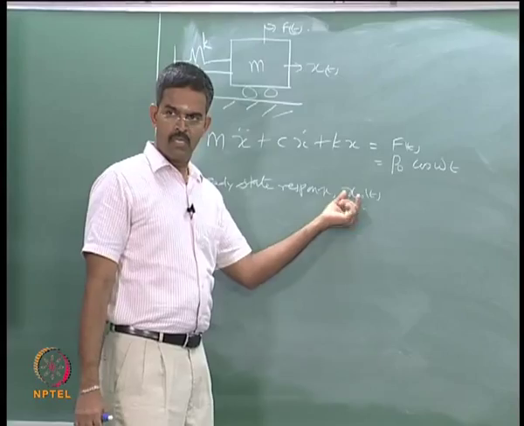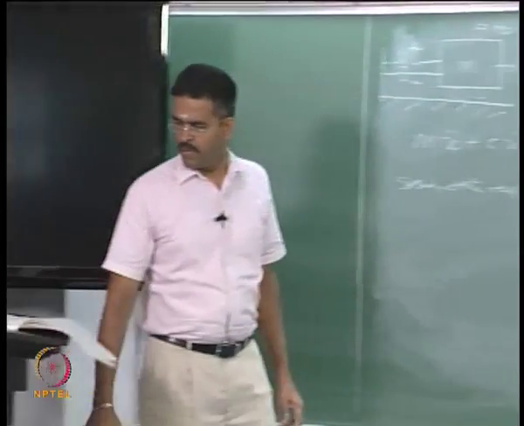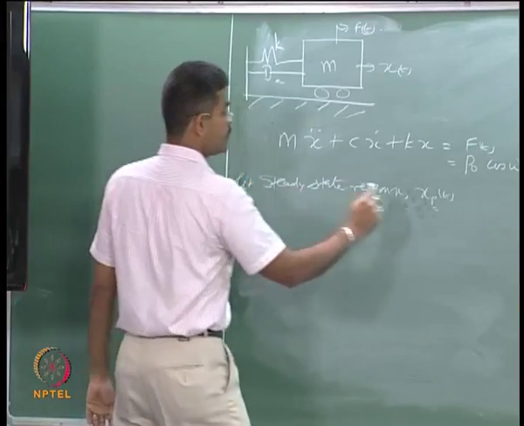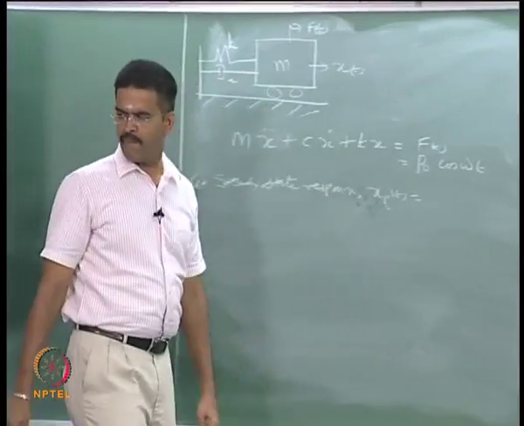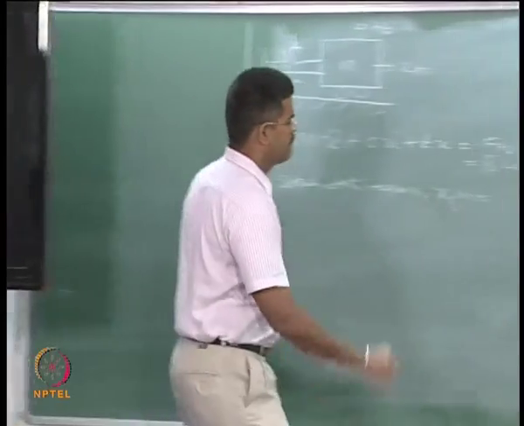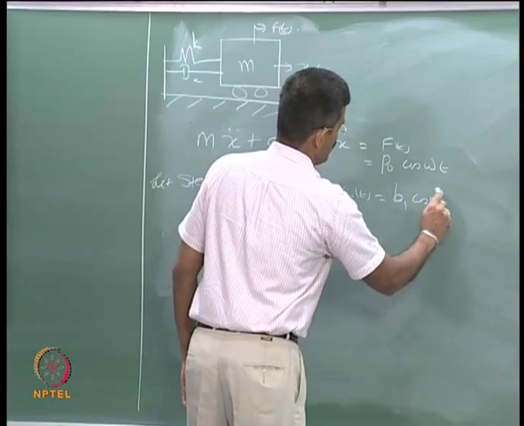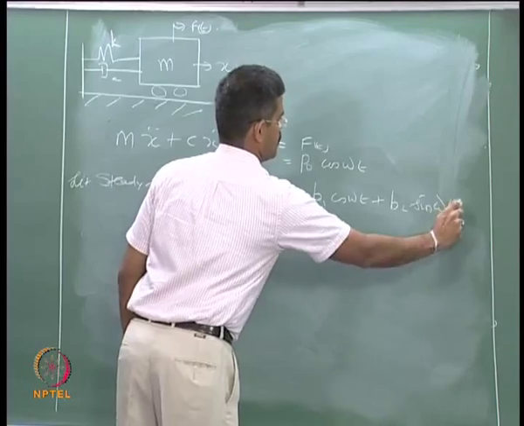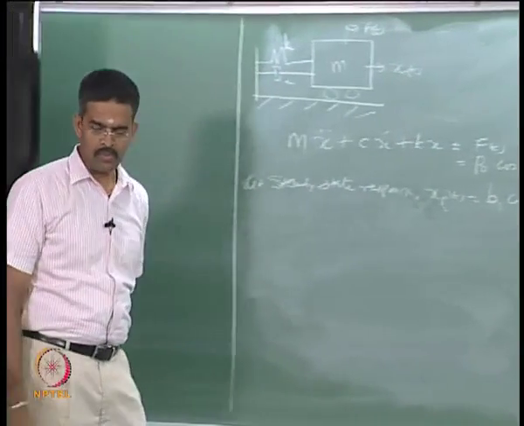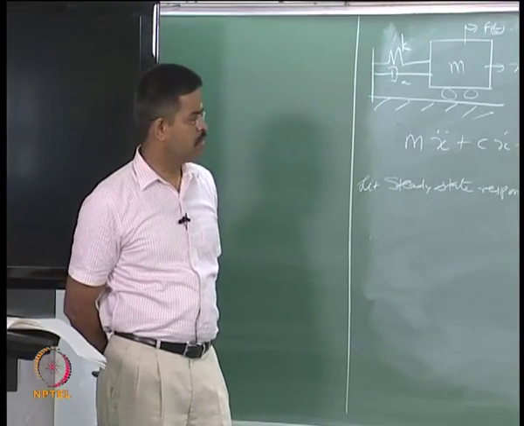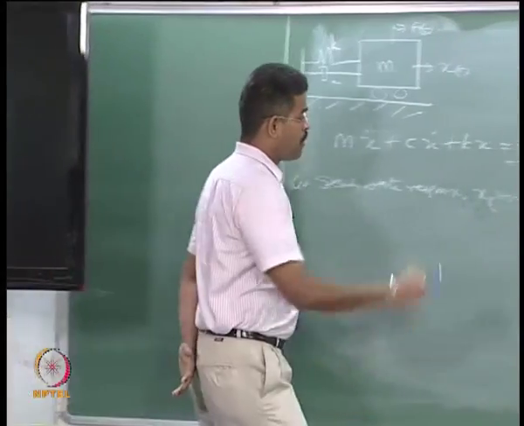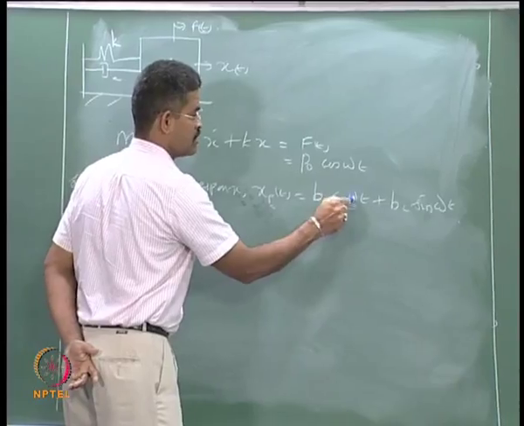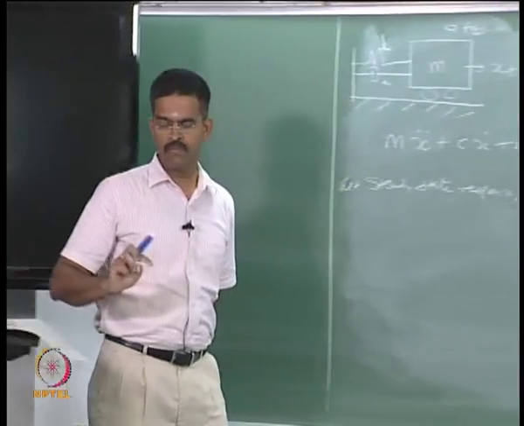I take only the steady state response, which is assumed as B1 cos omega t plus B2 sin omega t. We have already known that the response of my steady state will have a functional component of the forcing function.